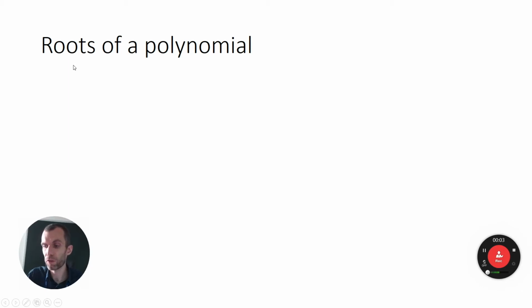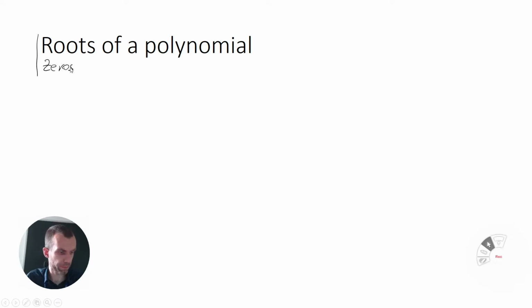So let's talk about the roots of a polynomial. The roots or the zeros of the polynomial is something that you already know. And for quadratic equations, you can compute these.